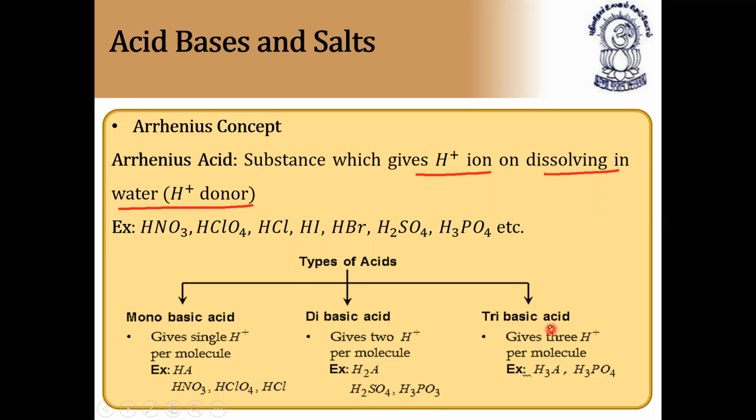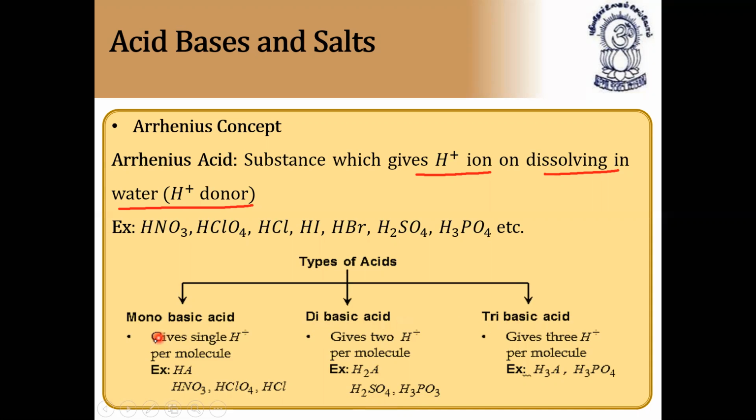Next, we have tribasic acid, which gives 3 H plus ions per molecule. Example: phosphoric acid, that is H3PO4. So these are all examples of acids. We have three types of acids: monobasic, dibasic, and tribasic.